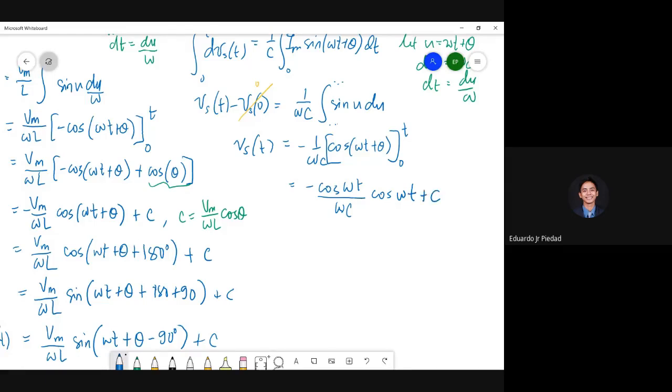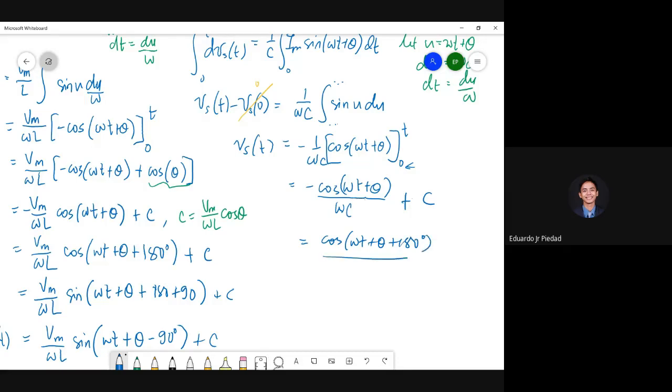Plus C. Sorry, I forgot the theta here, I made a mistake. Plus theta, and then the other one, based on 0, we treat as C, the same as the previous example. So we make this cosine positive, so this is cosine of wt plus theta plus 180.